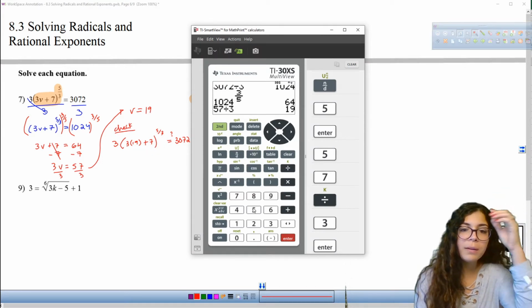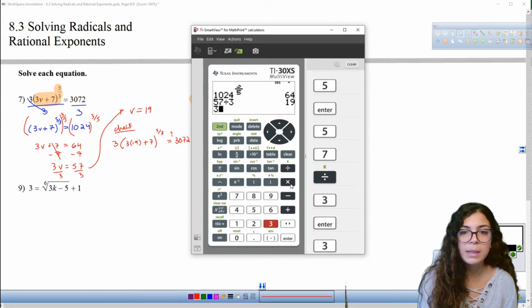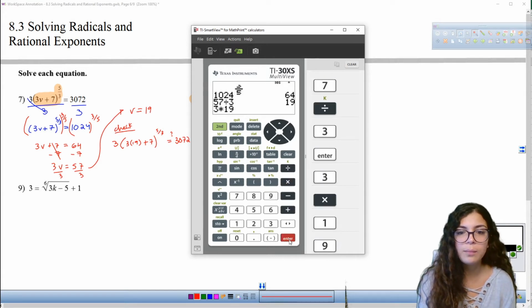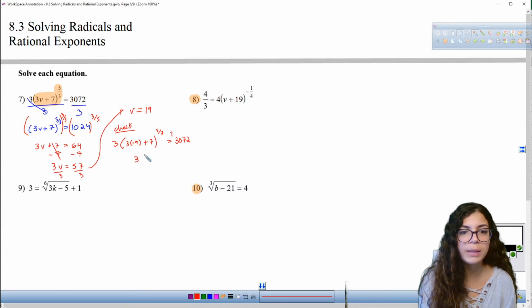So I need to multiply first. 3 times 19 is 57, right? 57 plus 7 is 64. So let me just write that right now. So I simplified on the inside. This is 64 to the power of 5/3.